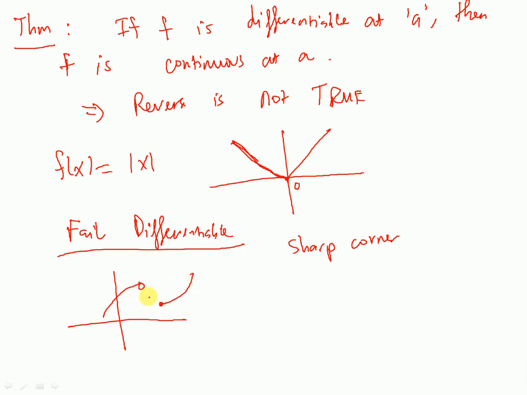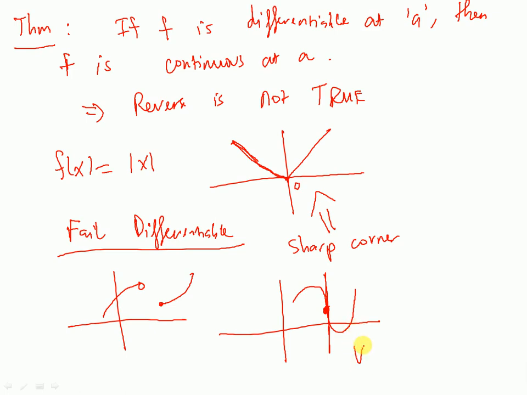Or if the function is discontinuous, if the function is not continuous, then of course the function is not differentiable. And the last case is if the graph is something like this. If you want to take the derivative at this point, if you draw the tangent line at this point, and we have a vertical tangent line, then we don't have the derivative at this point, or the function is not differentiable.